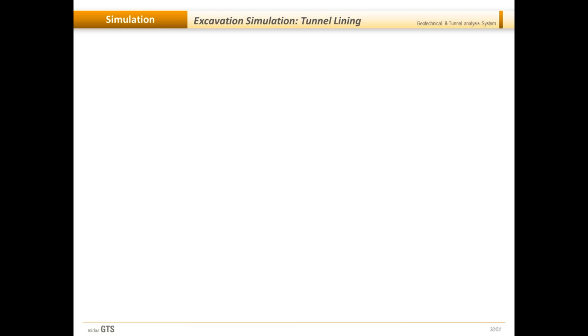Now let's move on to one of the most critical, I should say, the most important component of the tunnel excavation. It's the lining itself that determines how the tunnel will perform and whether there will be tunnel closures or failures. So simulating tunnel lining is possible through different types of elements.